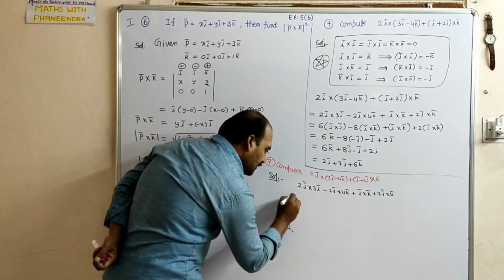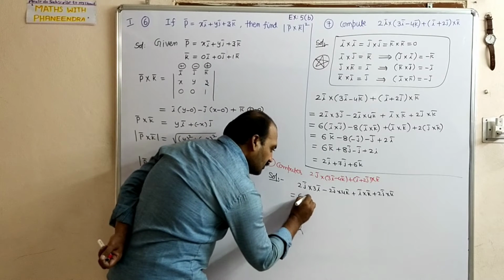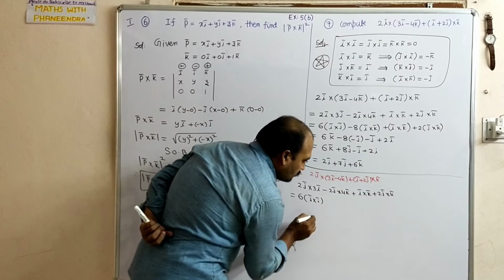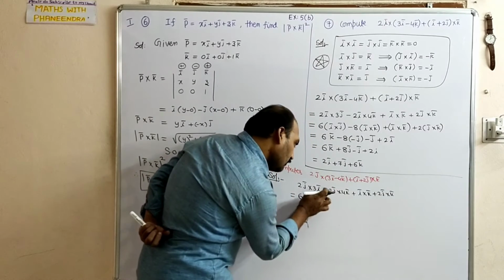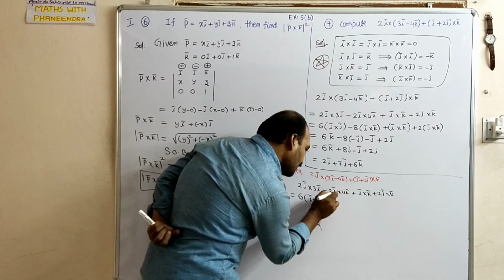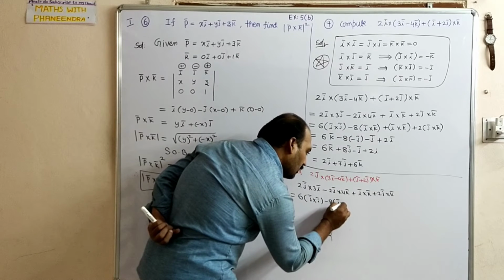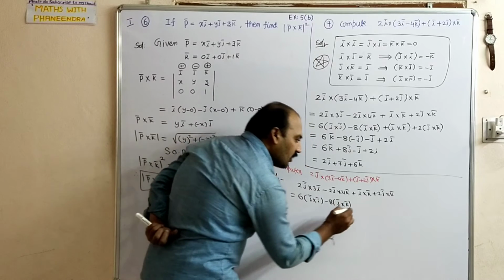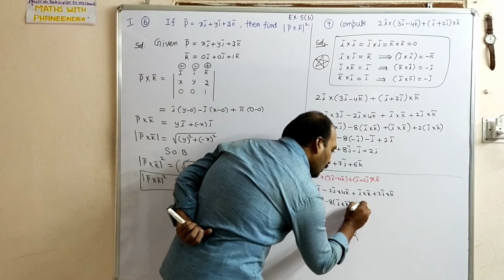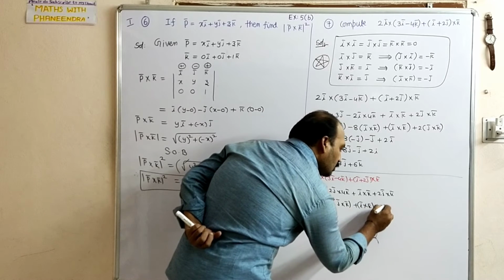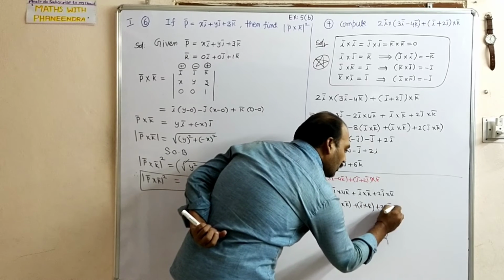So 2 3s are 6, j bar cross i bar, minus 8 into j bar cross k bar, plus i bar cross k bar, plus 2 into j bar cross k bar.